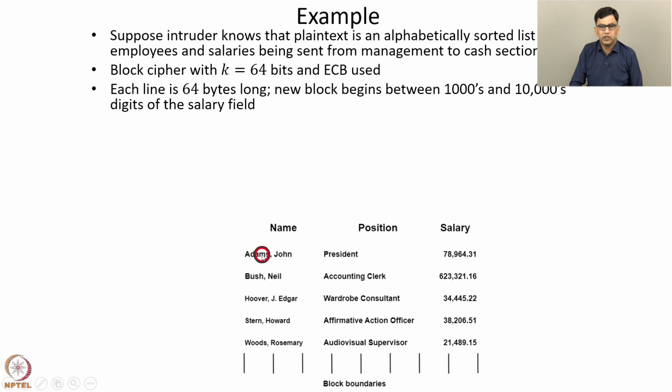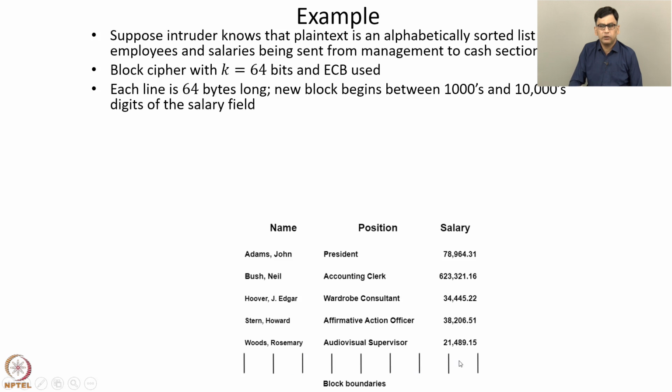Each line is 64 bytes long, and each line is divided into 8 blocks, each of which is represented using 8 bytes. So, that is shown here. A point to note is that a new block begins between the thousands and 10,000s digits of the salary field.